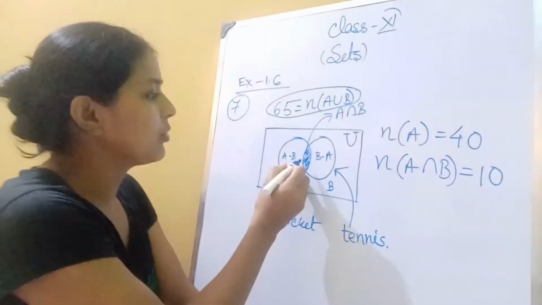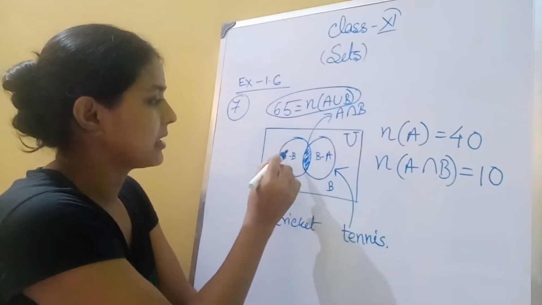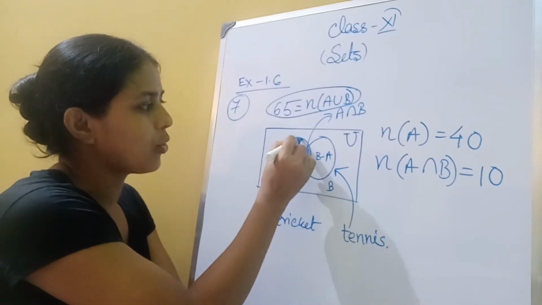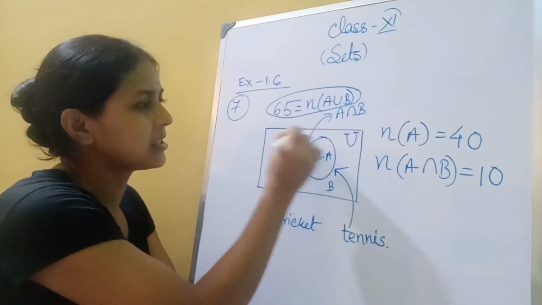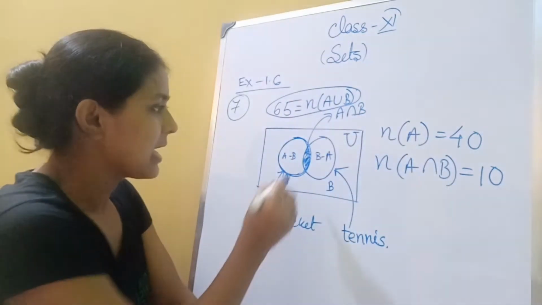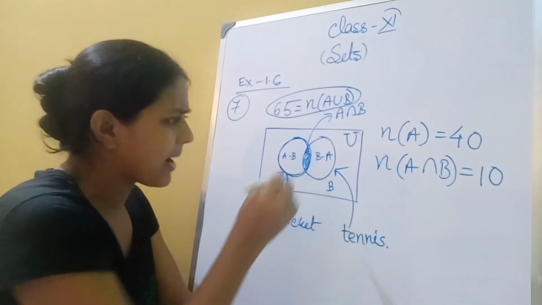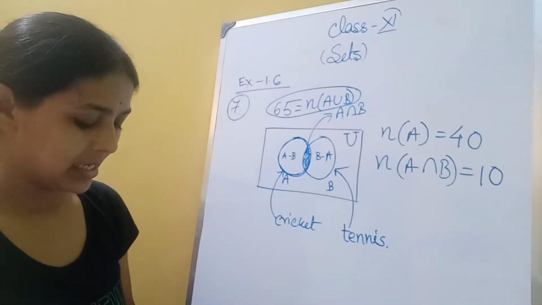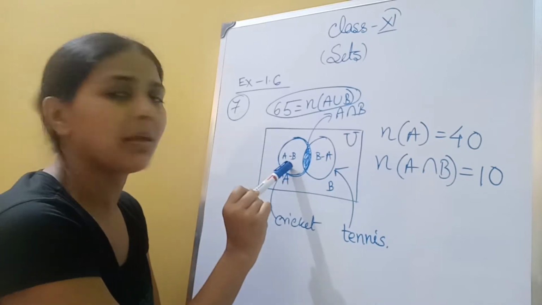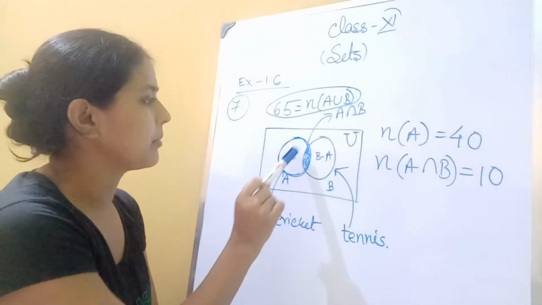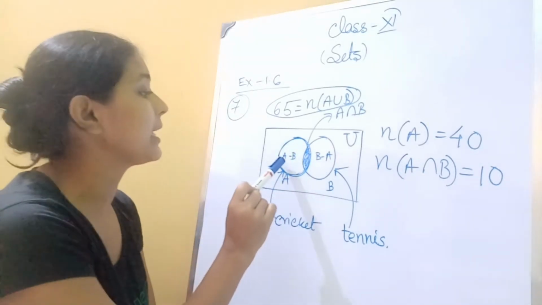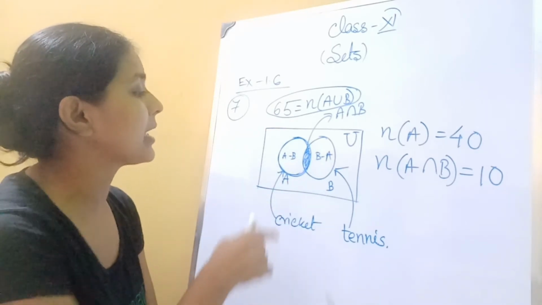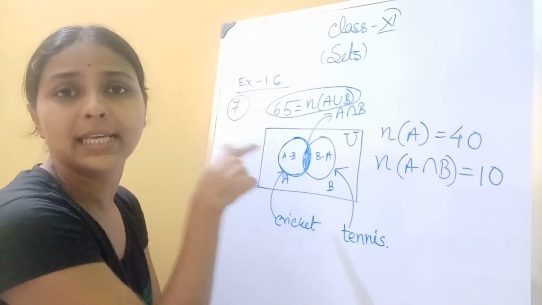Look at this part. This is the whole A, consisting of 40 members, and only this common part consists of 10 members. How many members will be there in this white part, that means the set A minus B?